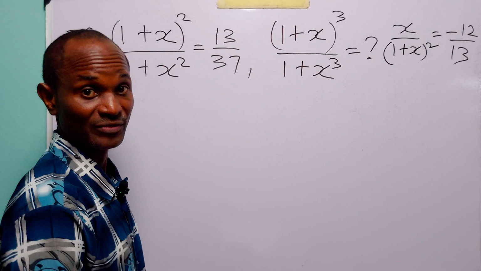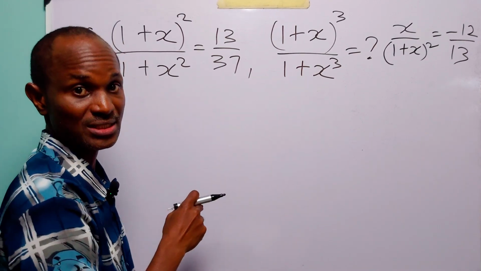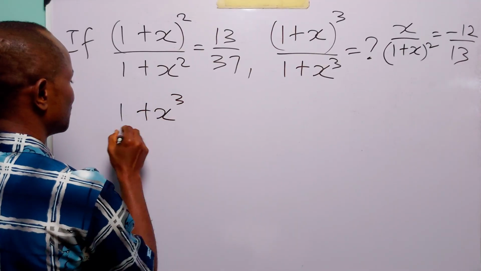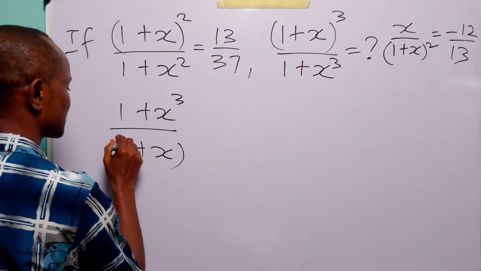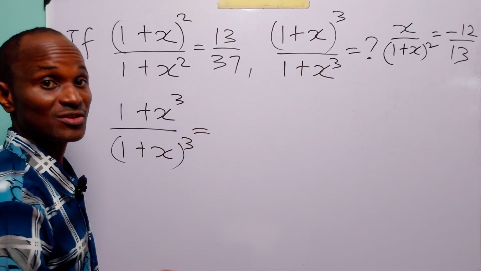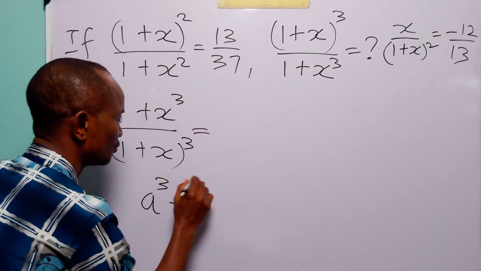Now, in the second part of the calculation, once more, we are going to consider the reciprocal of this quantity. That is (1 + x)³ over 1 + x³. Now, let us remind ourselves of the sum of two cubes.